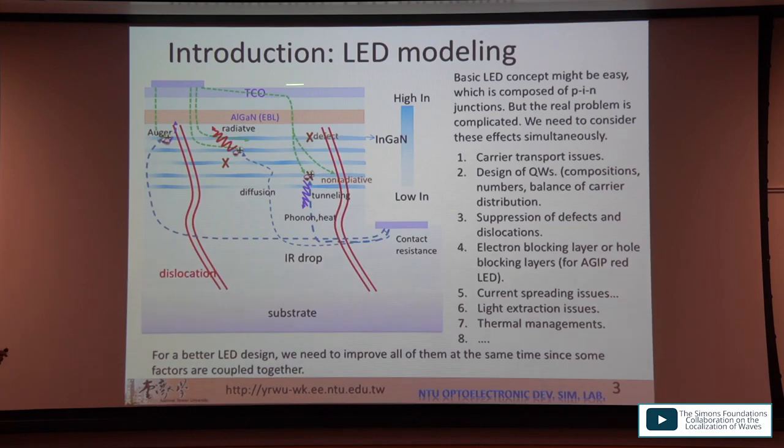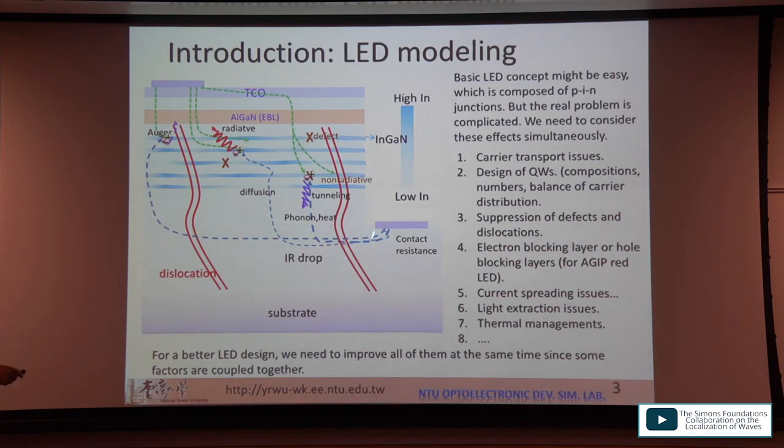This is a typical LED structure, and you need to consider many things like contact resistance and current spreading. In 2D and 3D you have current spreading, defects, alloy fluctuation, dislocation, and even in micro LEDs, sidewall surface recombination issues.